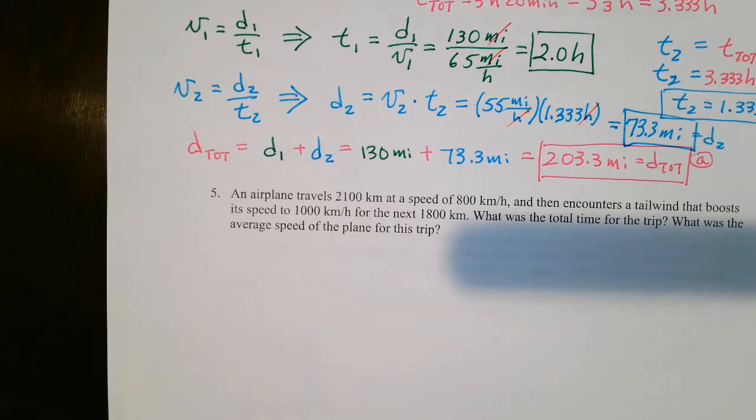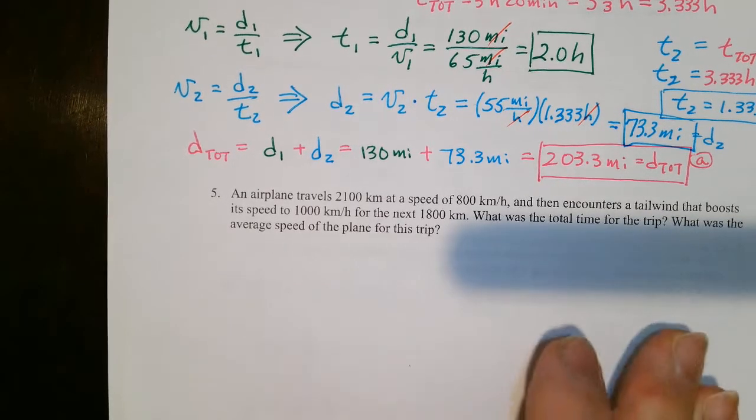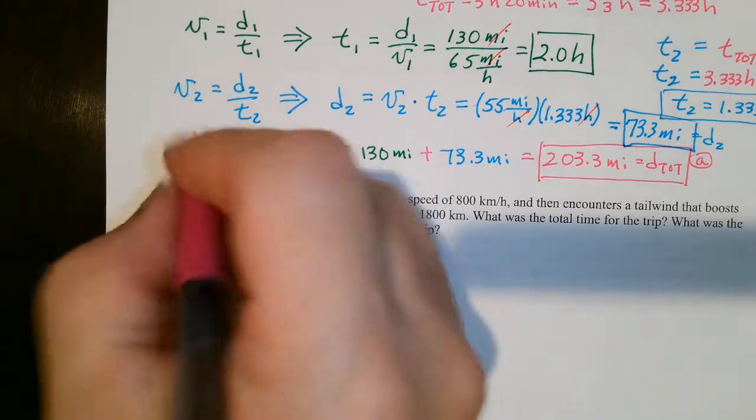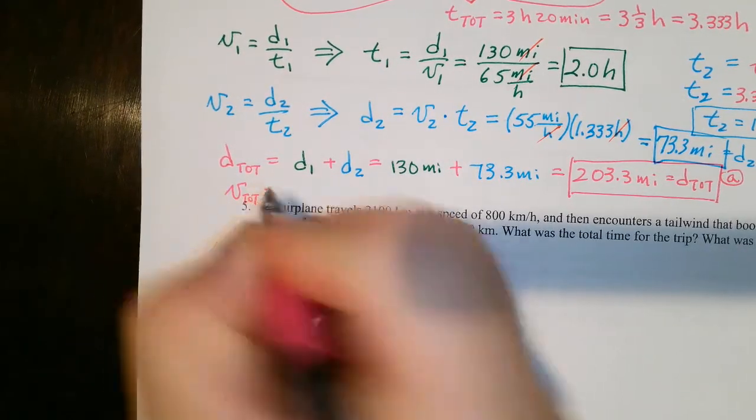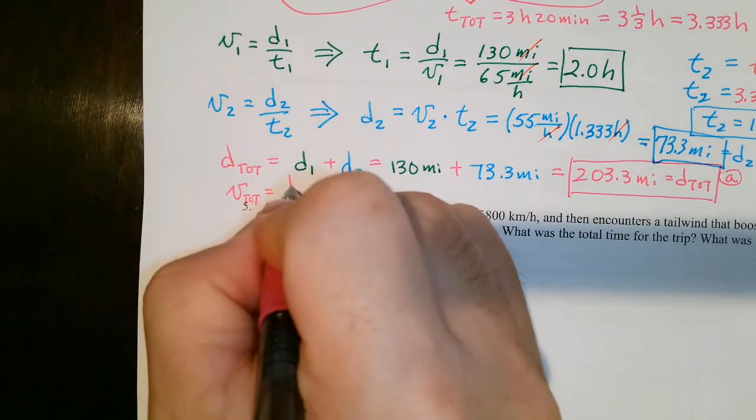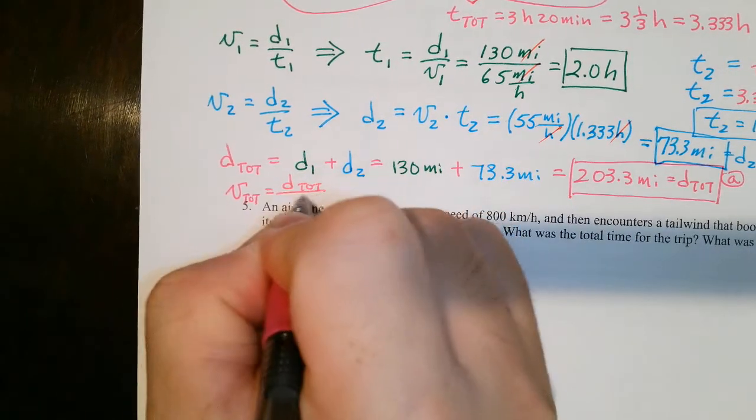Now, for part B, they want to know what your average speed is. So your average speed, V, for the total trip is equal to, right, D total divided by T total.